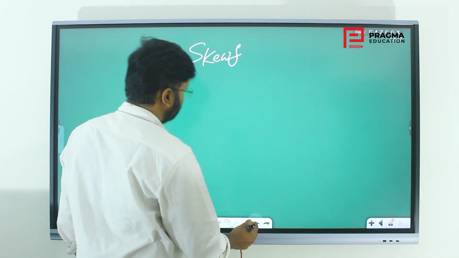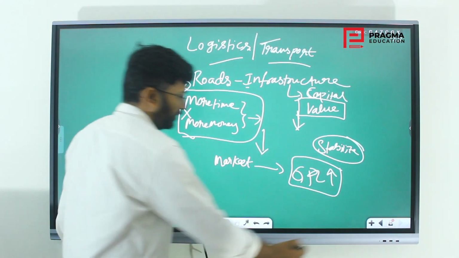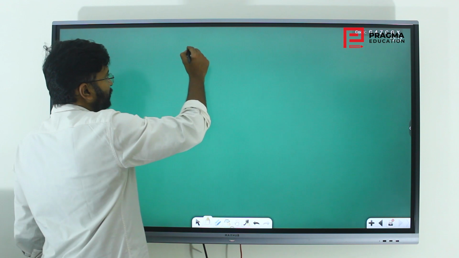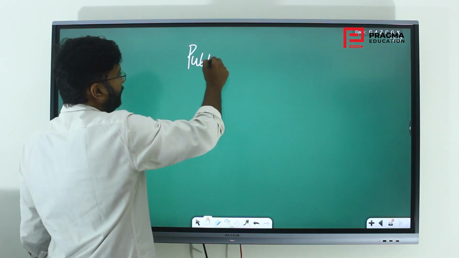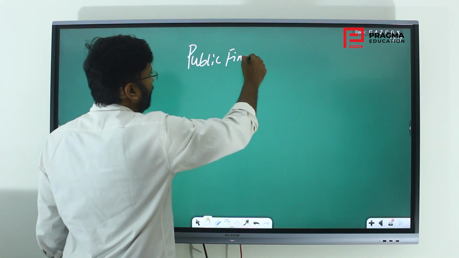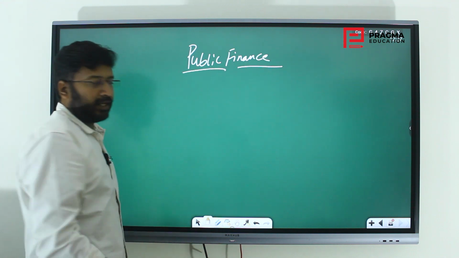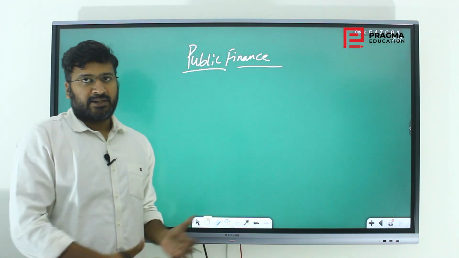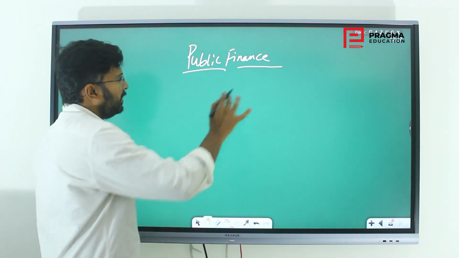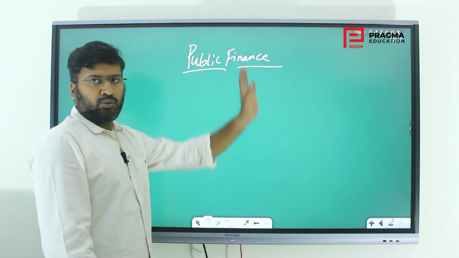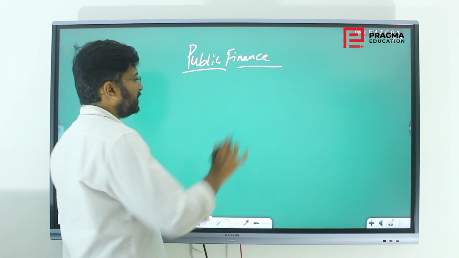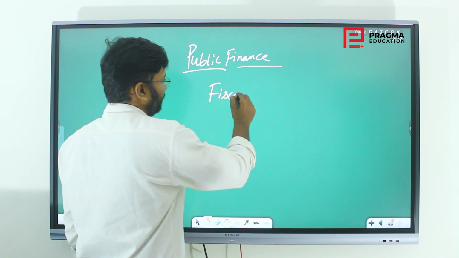There is one more example for structural inflation. Yes, I would like to cover it here itself. Say suppose this is related with public finance, means how the governments manage their revenues and expenditures, their incomes and spendings. We will go into detail on each of them in public finance, but there is one concept, that is fiscal deficit.